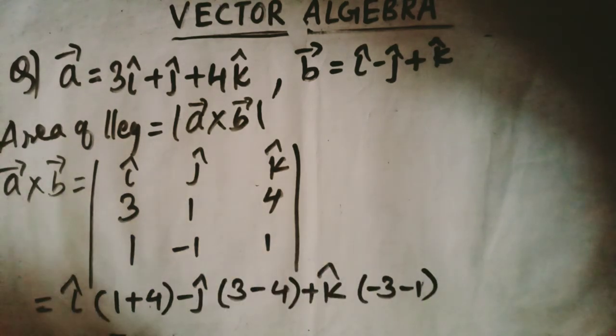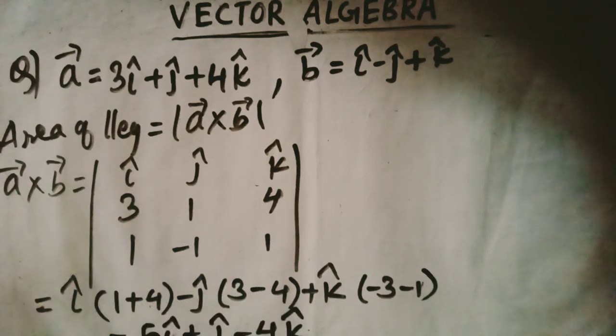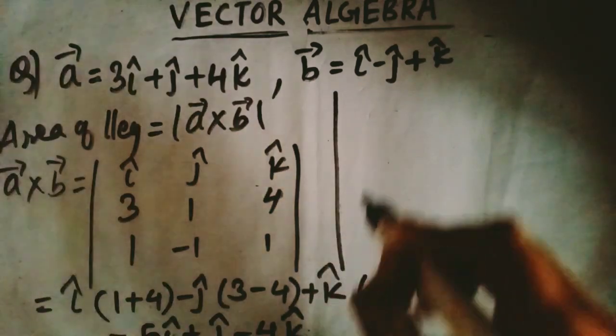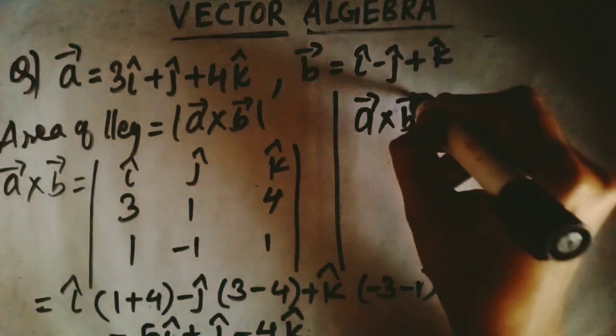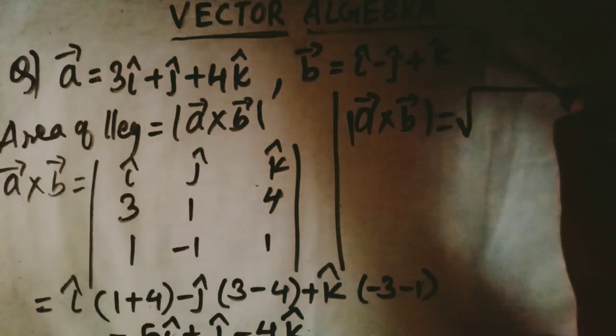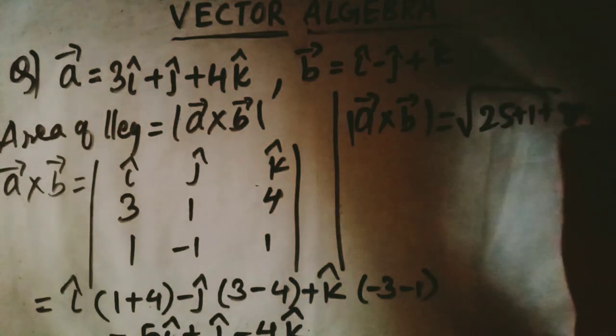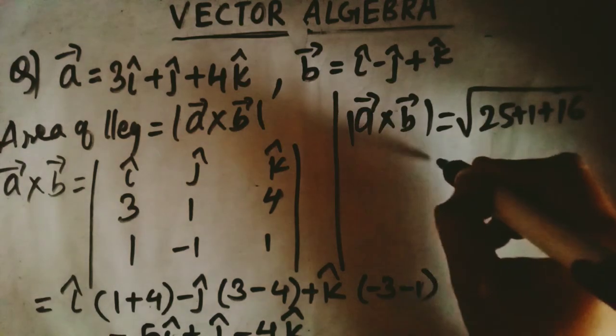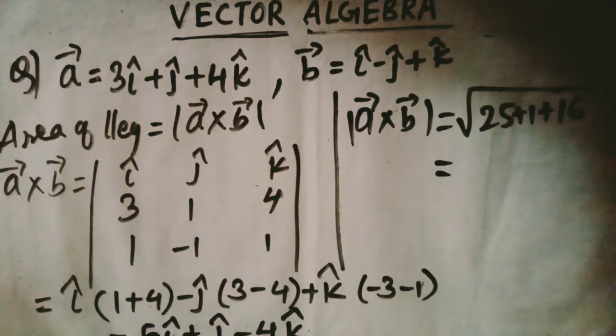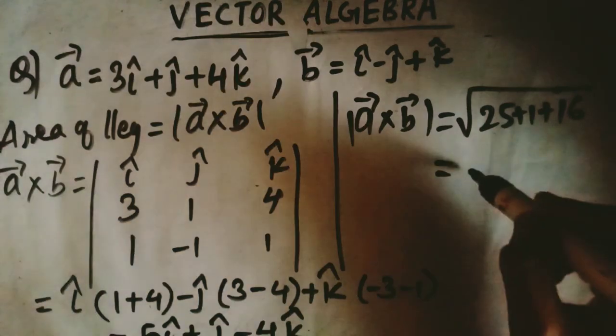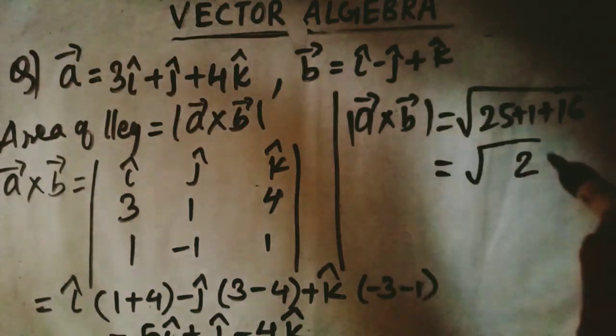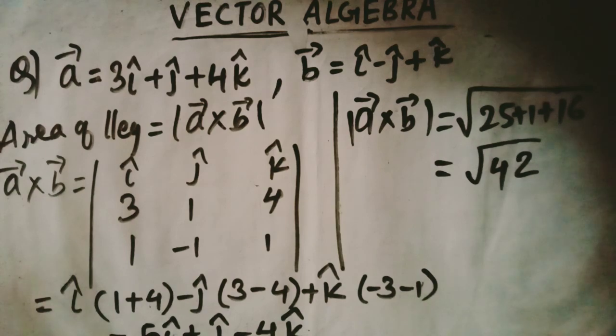So we will get 5i plus j minus 4k. Okay, now you have to find the mod, magnitude. So root of 25 plus 1 plus 16. Okay, so this is root of 42. So this is the required area.